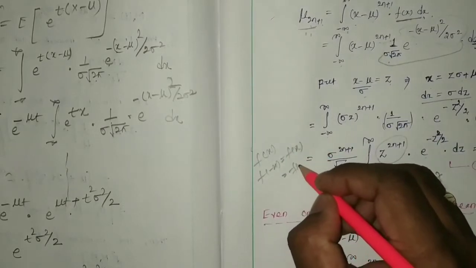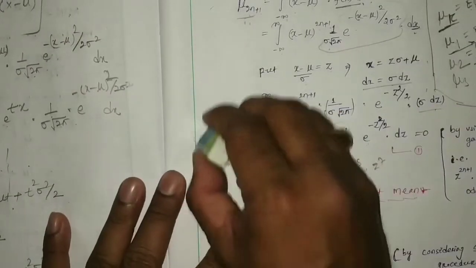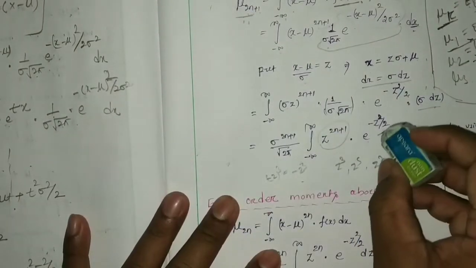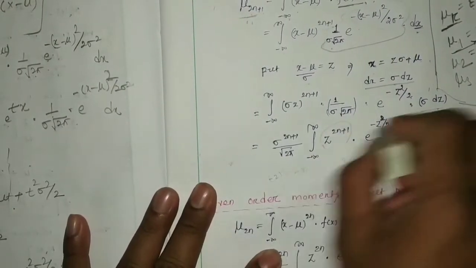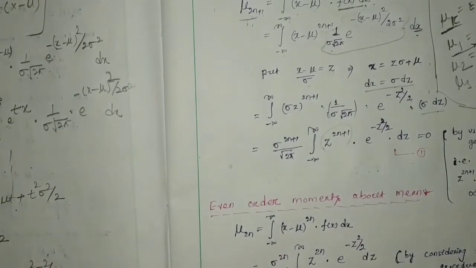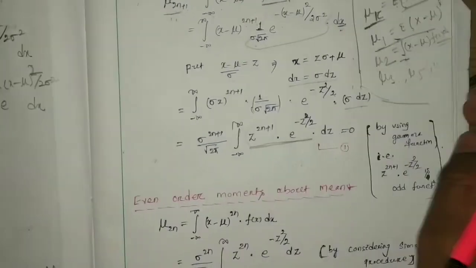If it is minus f(x), it is called odd, that we know. So here z to the power 2n plus 1 will always be odd, and e to the power whatever will always be even. So an odd function into an even function, the whole term will be odd.